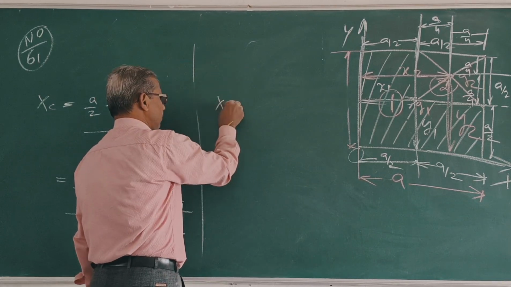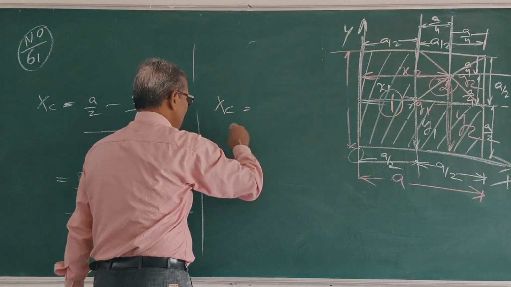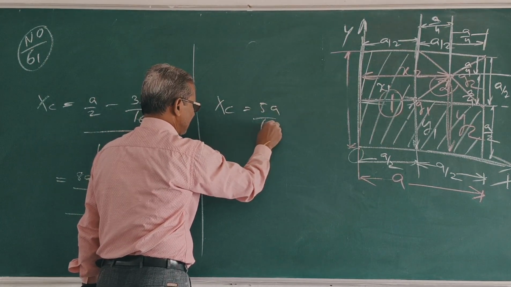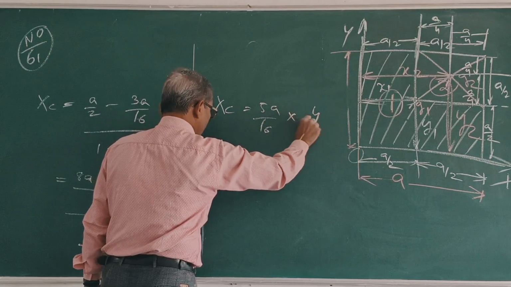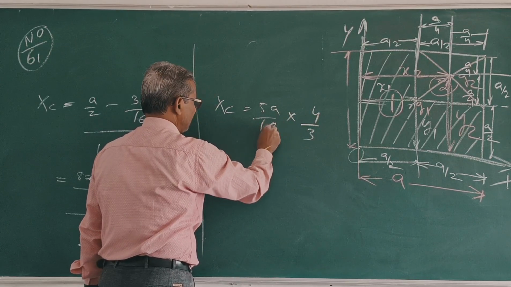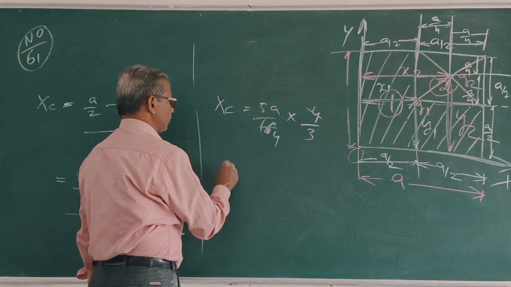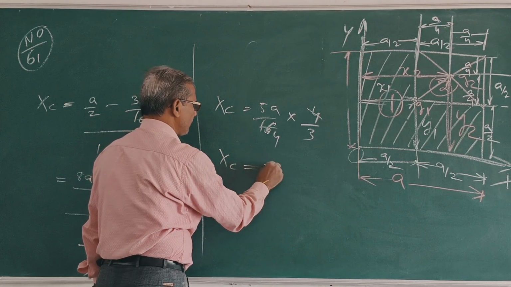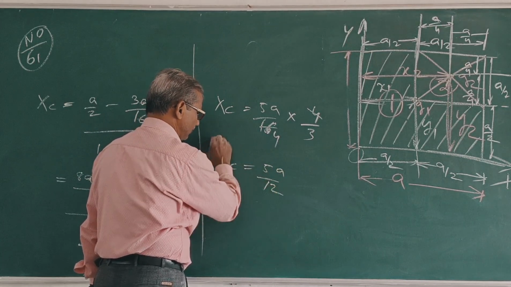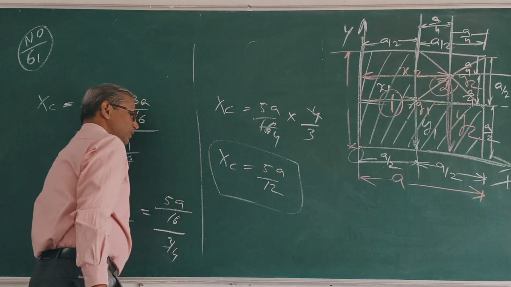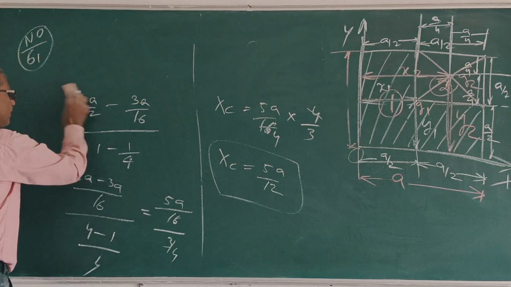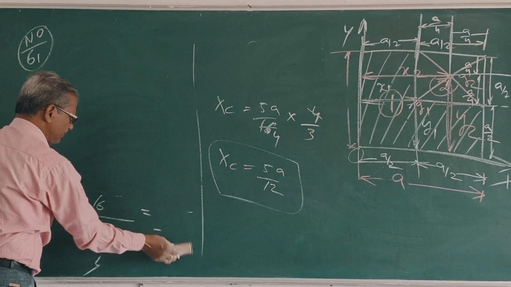So x is equal to 5a by 16 into 4 by 3. That's also 4 into 4, so xc is equal to 5a by 12. Similarly, yc.